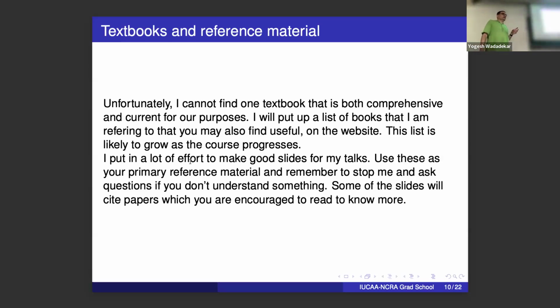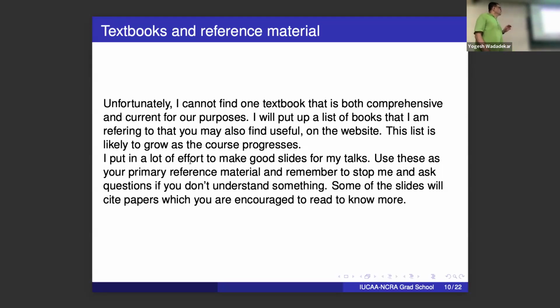In the United States, there are many programs where you can do a BS in astronomy, and for such courses, they use some very broad textbooks with titles like The Universe or something like that. They cover all the topics that we need to cover, but they're very simplistic in many ways. They don't go into depth at all. So we don't want to do that. That's why I'm not recommending any of those textbooks.